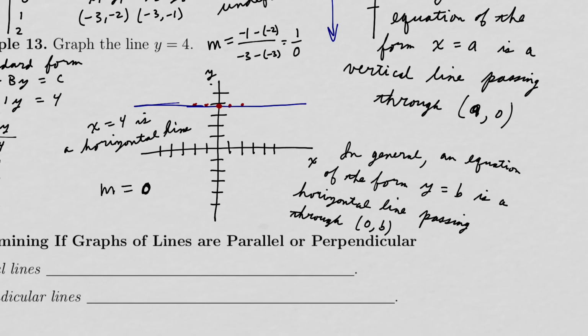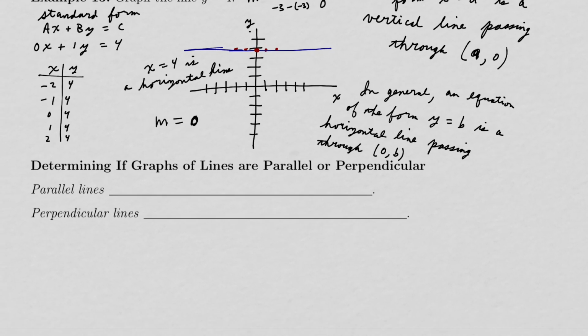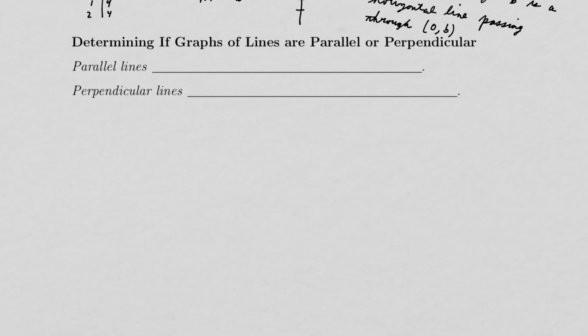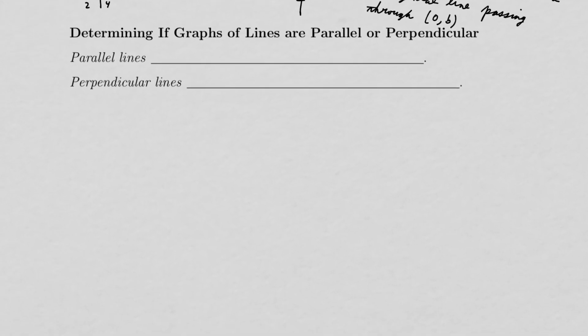Okay, let me now remind you of whether graphs of lines are, if we have 2 lines, are they parallel or perpendicular? So what does it mean for 2 lines to be parallel? Let me draw a picture right here. So let's say this is x, this is y.